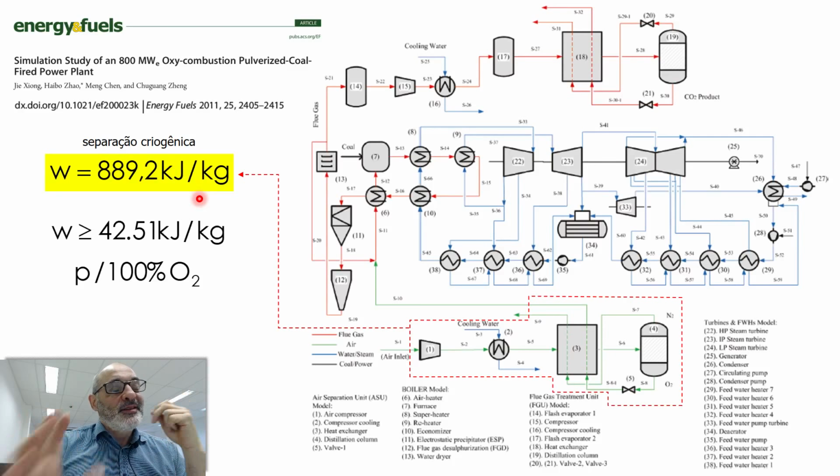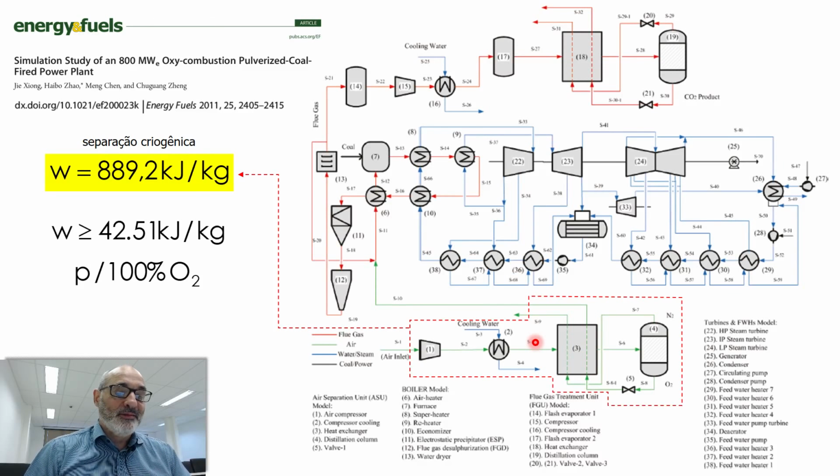So that's the point. When I say that if the world was perfect, we would spend only 42. The world is not perfect, and we can consume 20 times more. And this process is actually a very good, high quality process.